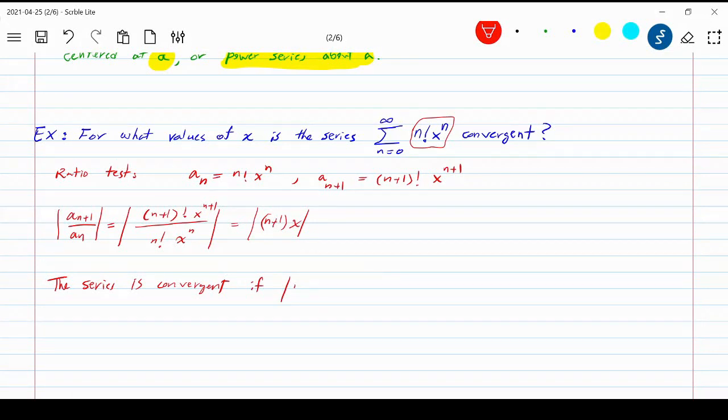If this absolute value of (n plus 1) times x was less than 1. If it was greater than 1, then we would have said divergent. So when do we get this ratio to be less than 1? When the absolute value of x is less than 1 over n plus 1. Divide everything by n plus 1. Since it's positive, we don't really need to worry about the absolute value.